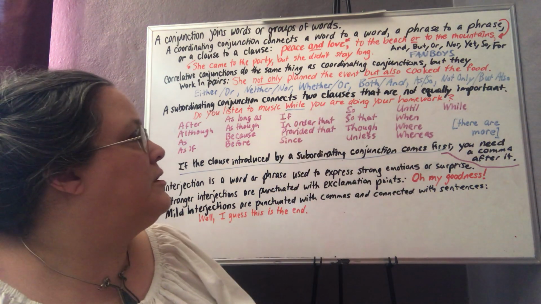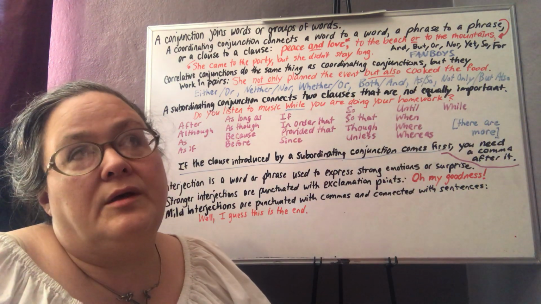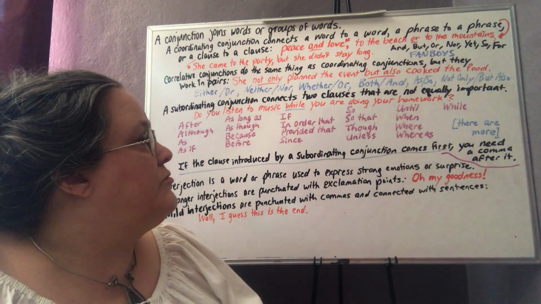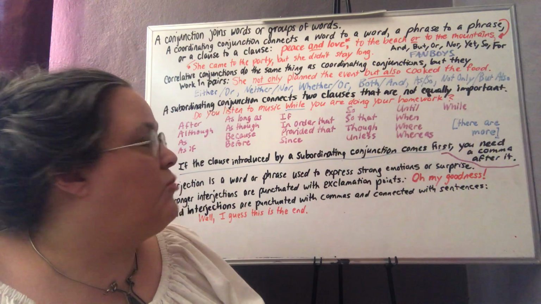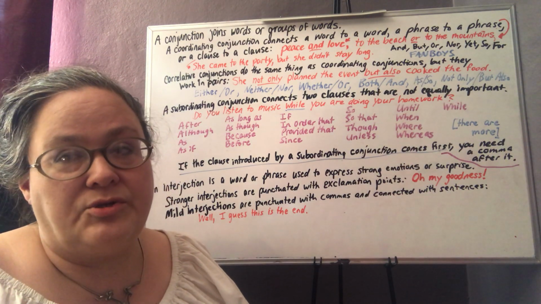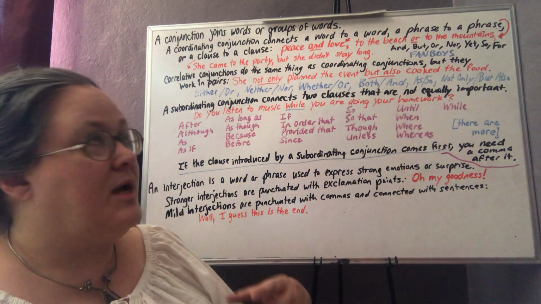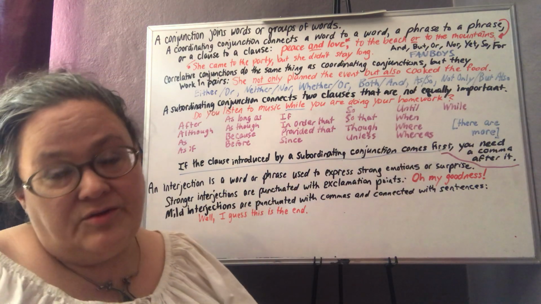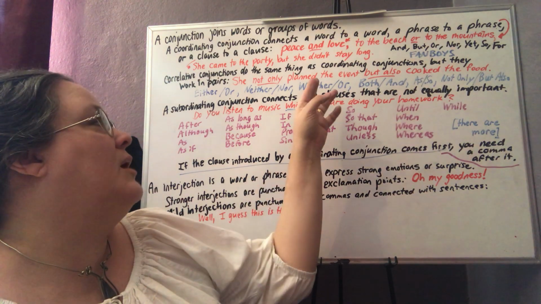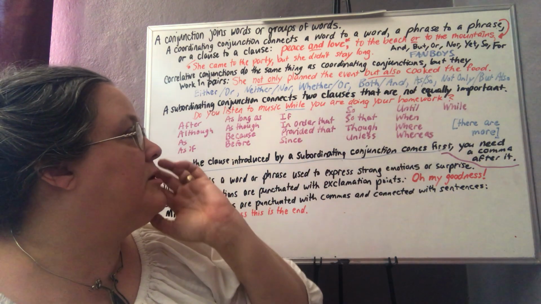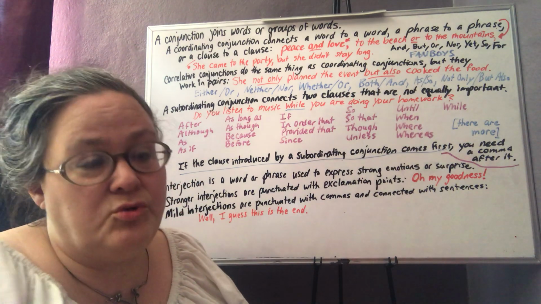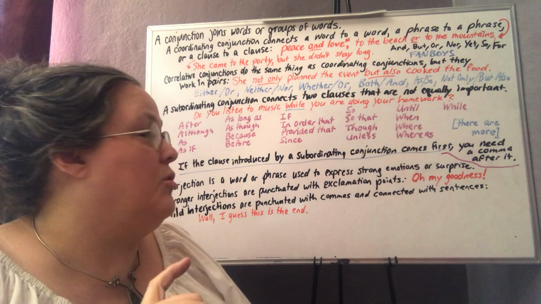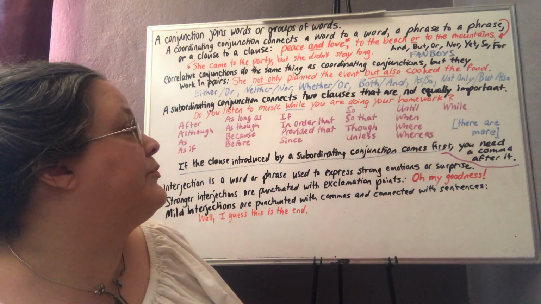Whether or, she needed to decide whether to go to the party or to stay home. In that case, I have two infinitive phrases that are being joined by this pair of correlative conjunctions, whether to go to the party or to stay home.